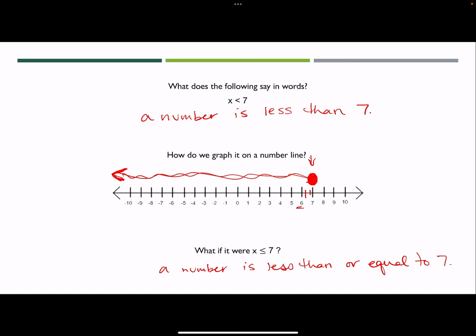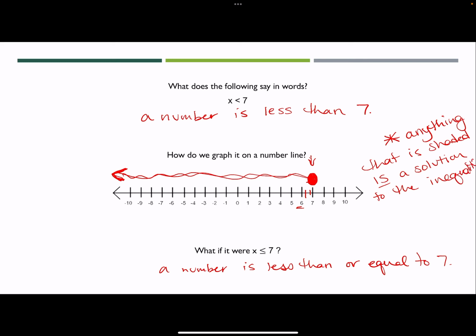Here's an important note, and I would maybe write this down in your notes. Anything that is shaded is a solution to the inequality, and anything not shaded is not a solution.